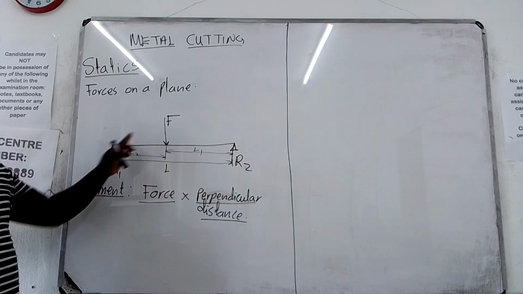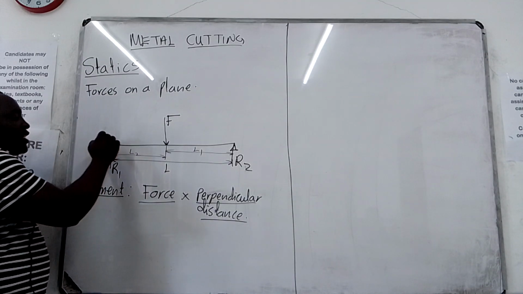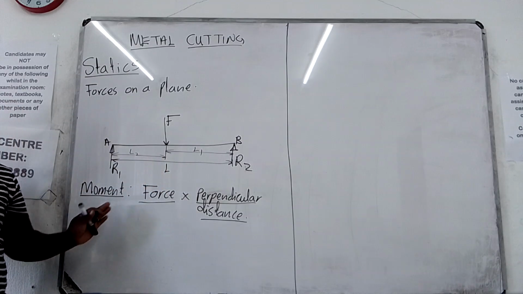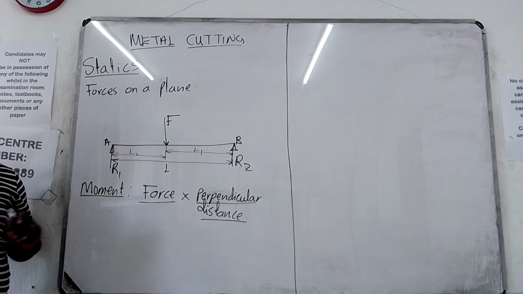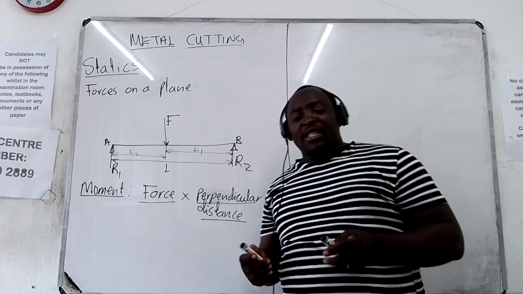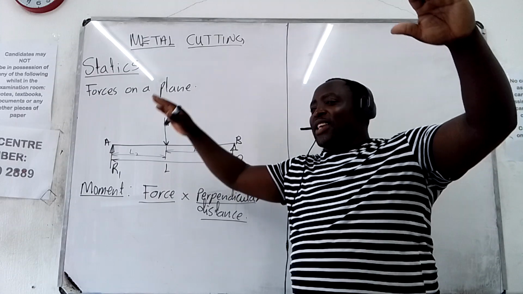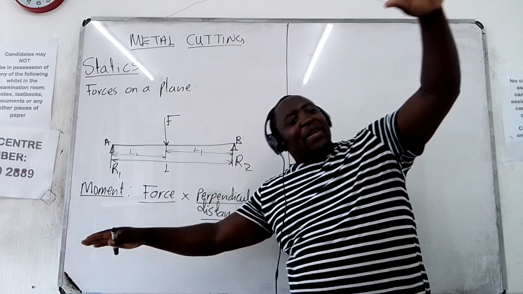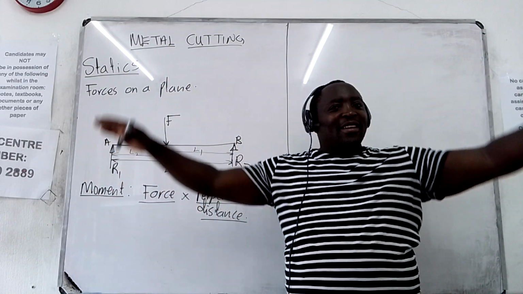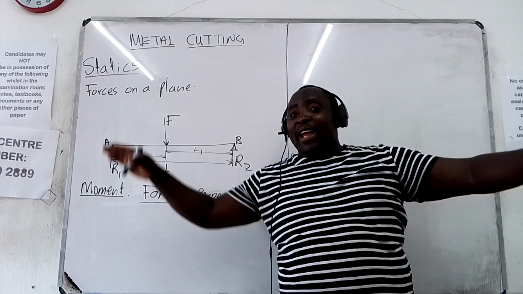So for us to calculate moments, I'll call this side A and this side B. To calculate the reactions, we need to work with moments. I hope you all remember how a seesaw works. When you go to the park, one person sits on one side and the other person sits on the other side.